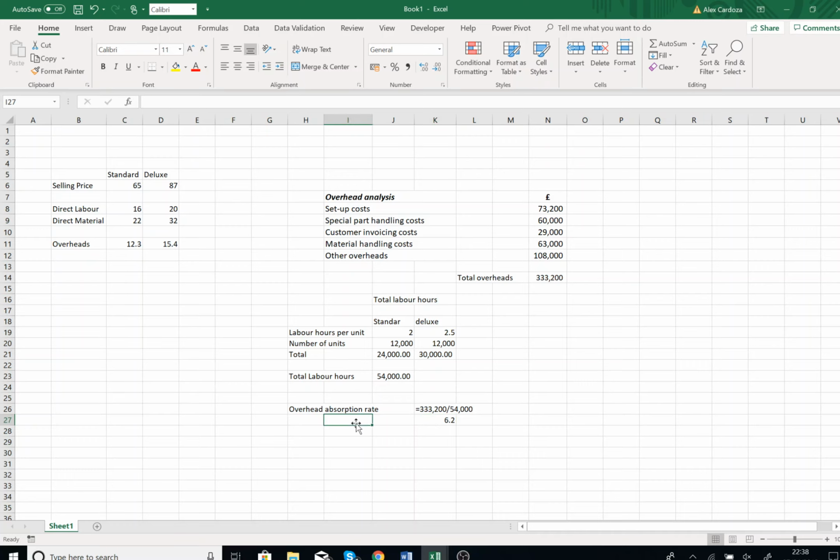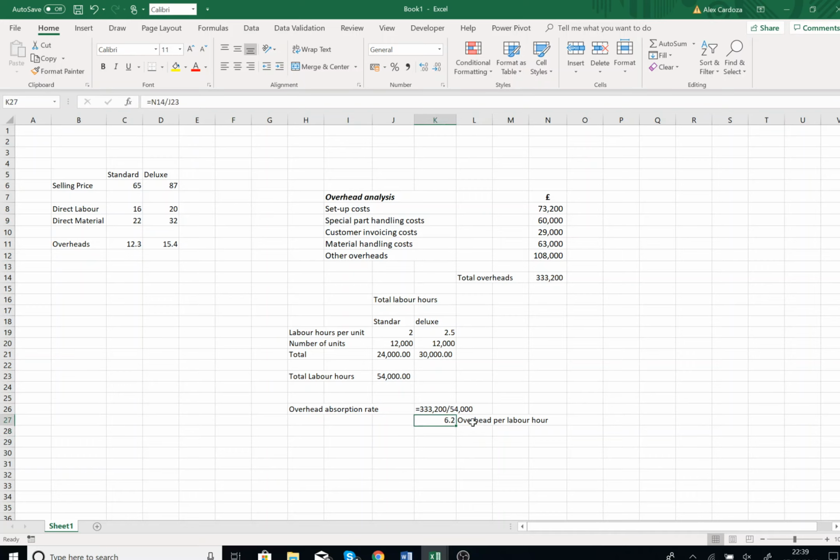That's your overhead absorption rate, or you can think of it as overhead cost per labor hour. You just generally call it the overhead absorption rate.